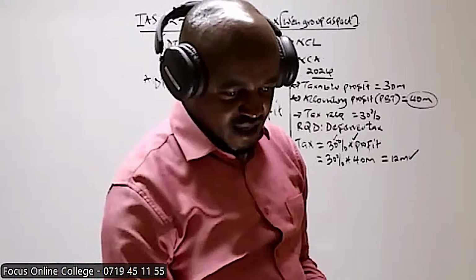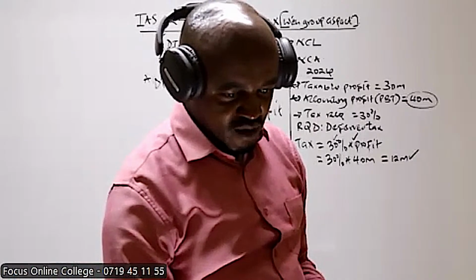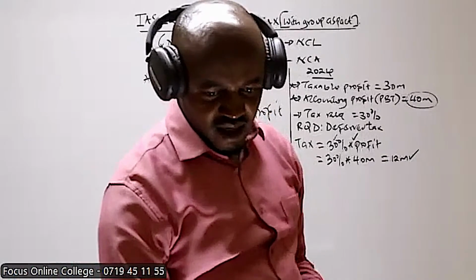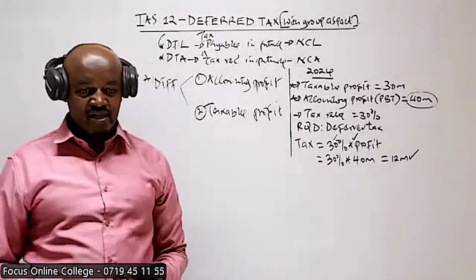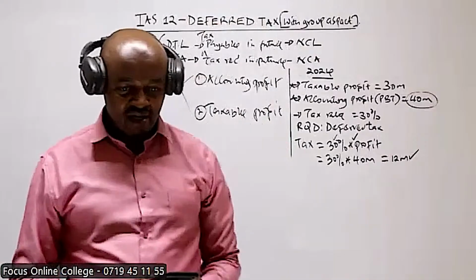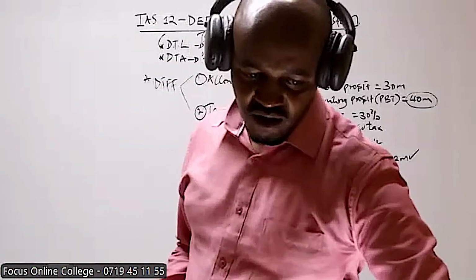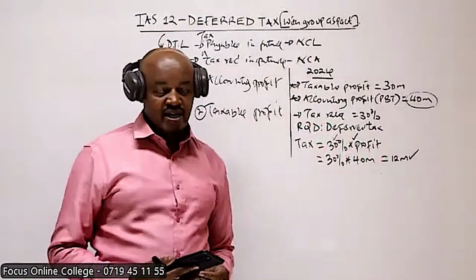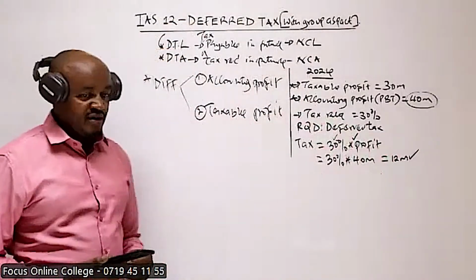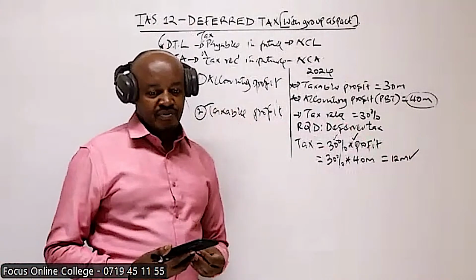Yes, so basically in this case, a very quick recap on what you have said is that a deferred tax is basically a tax which the company was supposed to pay during the current year. That tax has been deferred, it will be paid in the future, or it is a tax refund the company was supposed to get during the current year that has been deferred. The company will be refunded that tax in the future.